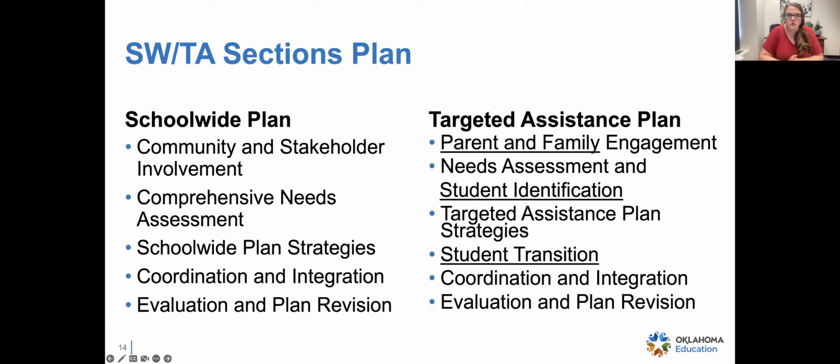The first part of your school-wide plan is community and stakeholder involvement, and how that is different from the targeted assistance plan is that with targeted assistance, you're focusing on a specific group. So it's a parent and family engagement portion. Needs assessment for both.